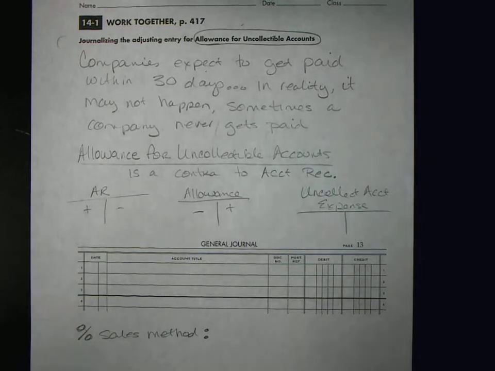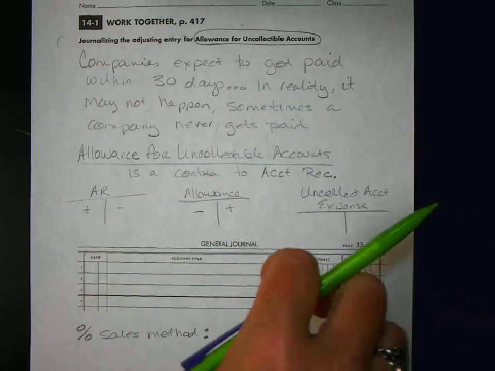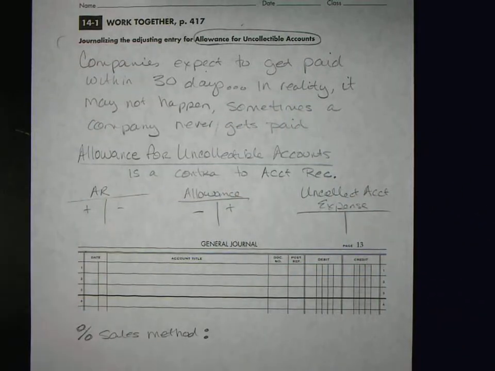That means we're expecting them to pay the full amount within 30 days. Sometimes that doesn't happen, and we may extend that. We may charge late fees or something like that. Sometimes we may never get paid, okay? And so we have to kind of plan for that, and that's what this is doing. It's planning for people not to pay us, unfortunately.